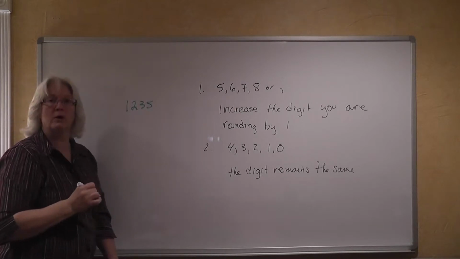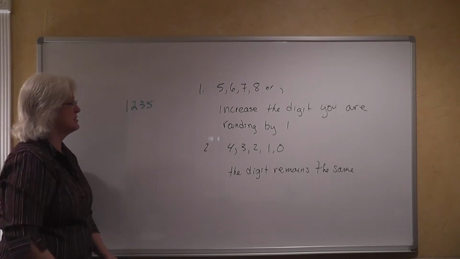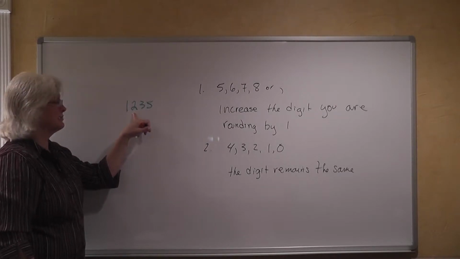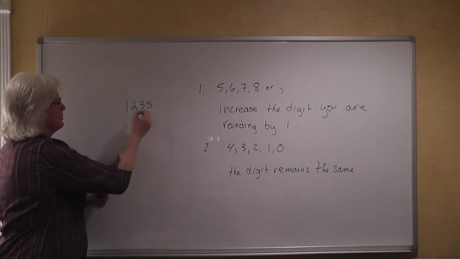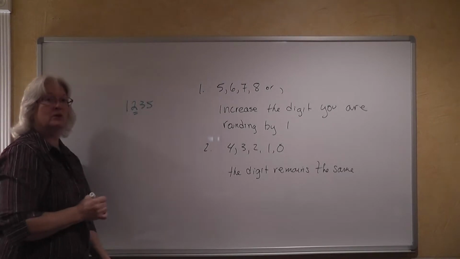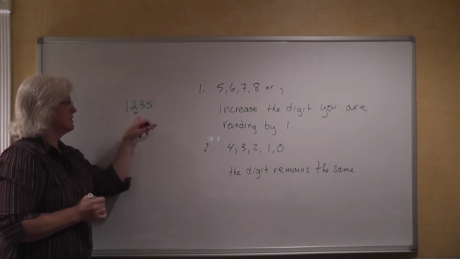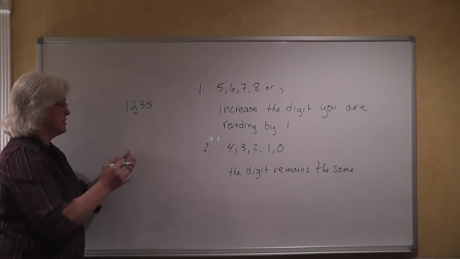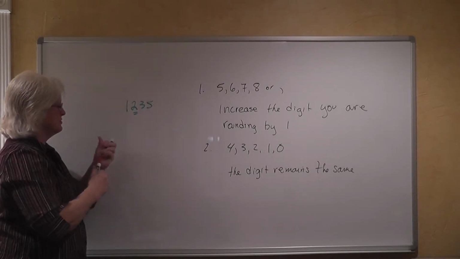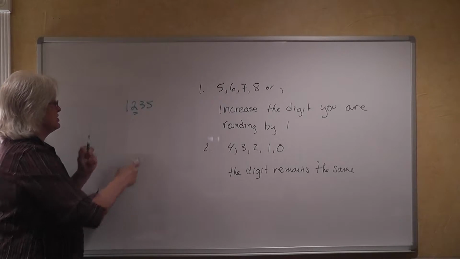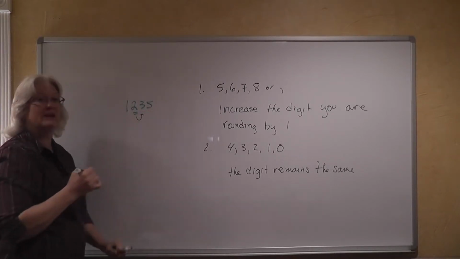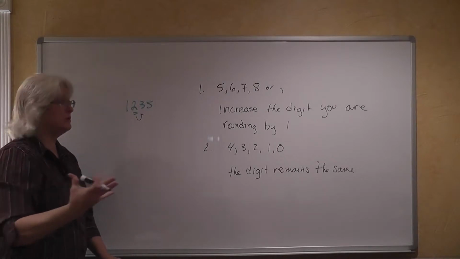1,235. If we want to round this number to the nearest hundred, what are we going to do? We're going to look at the digit in the place that we're rounding to. We want to round to the hundreds. You have to look at the digit next to it. It's a 3. What are we going to do?